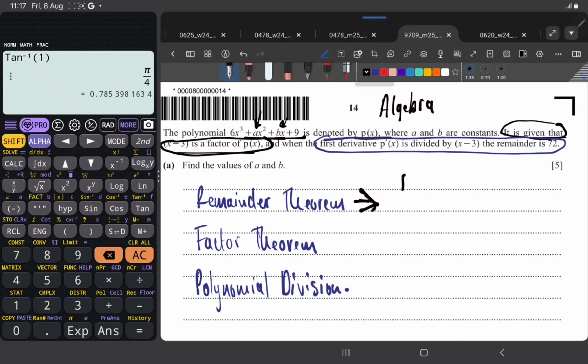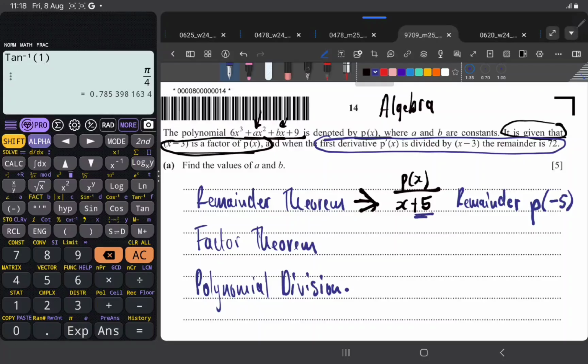It says if I divide P of X by X minus 3, for example, or P of X by X plus 5, then to get the remainder when you divide by X plus 5, the remainder will be P of negative 5.